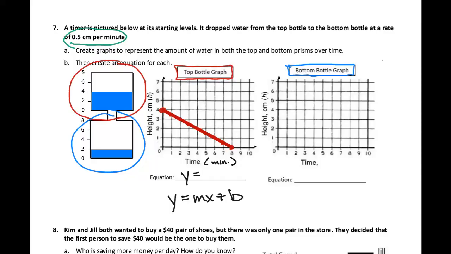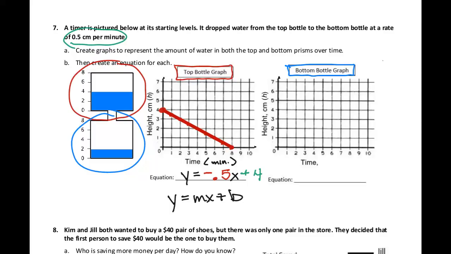But is it increasing or is it decreasing? Ah, yes, decreasing. So we need to put negative 0.5, okay? Because it is going down in a negative slope. Negative 0.5 times x plus, and what is my initial amount? What is my y-intercept here that you all told me before? 4. Yes, there we go. Thank you. I appreciate it.